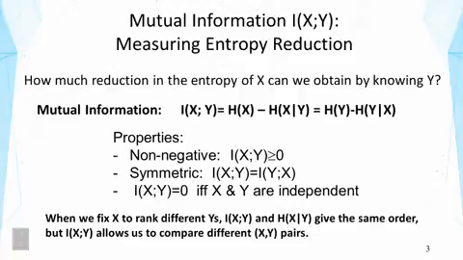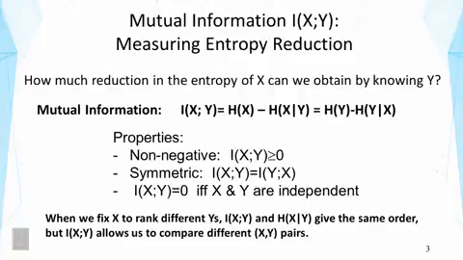The second property is that it's symmetric, while conditional entropy is not symmetric. Mutual information is. The third property is that it reaches its minimum, zero, if and only if the two random variables are completely independent. That means knowing one of them doesn't tell us anything about the other.